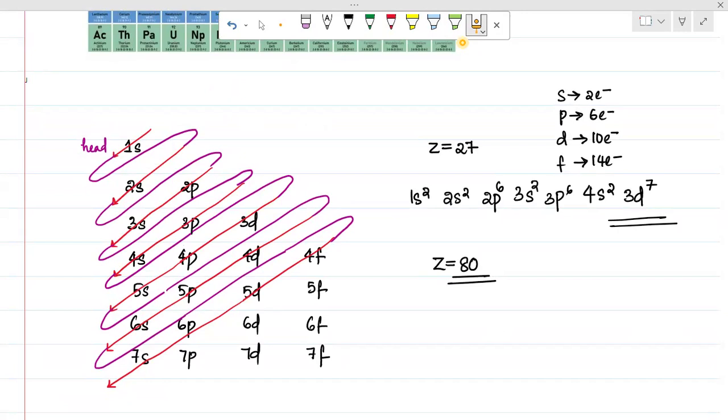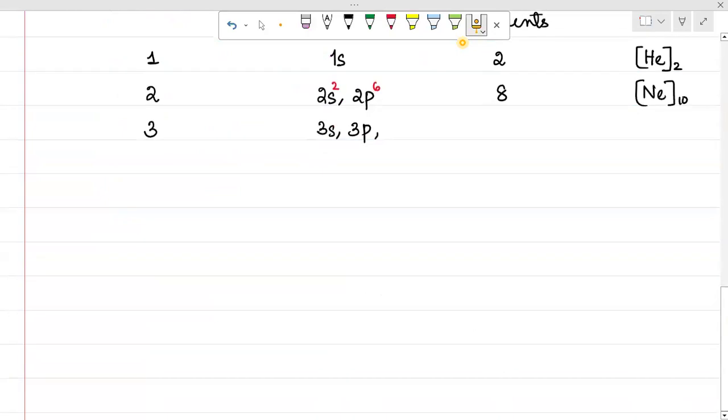I repeat, you might feel that if it is a third shell, the orbitals would be 3s, 3p and 3d. No, that's wrong. Why? Because the energy of 4s, as we know from the n plus l rule, is lower than 3d. Here n plus l, 4 plus 0 is 4, and here n plus l, 3 plus 2 is 5. So if an electron enters the 4s orbital, then it belongs to the fourth shell and not the third shell.